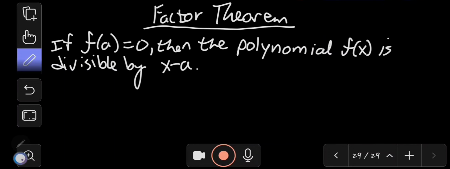That simply means, in other words, that if f of a equals 0, then x minus a is a factor of the polynomial f of x.